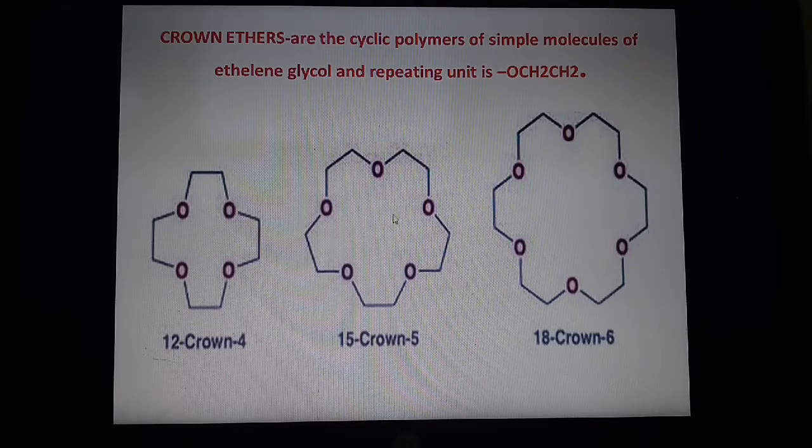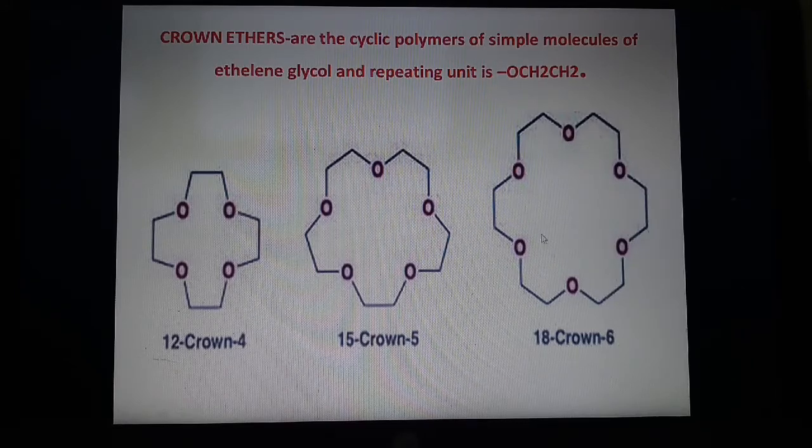Here there would be 5 oxygen atoms and 10 carbon atoms, making 15 atoms, and there are 5 oxygen atoms, so it is called 15 crown 5.